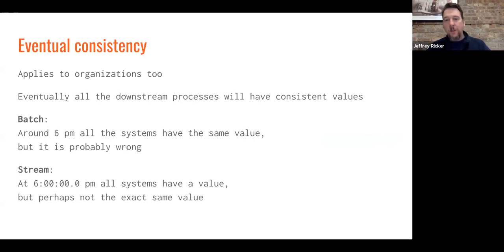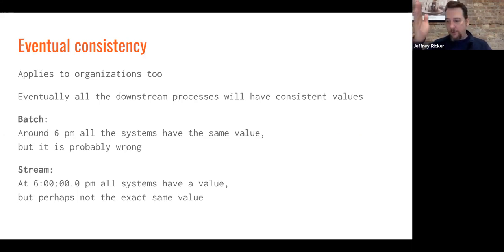So in the old batch world, around 6 p.m., all the systems will have the same value because sometimes we're a little early, sometimes a little late, but around end of day, we'll get it all done, right? And it's wrong because we had to arbitrarily create a time, and more events came in afterwards.